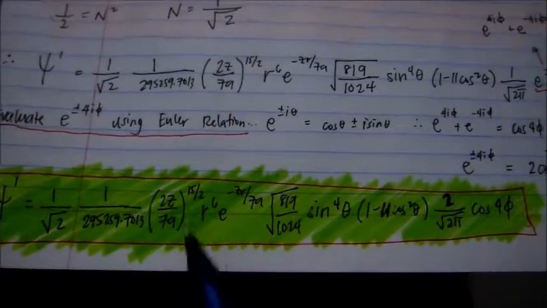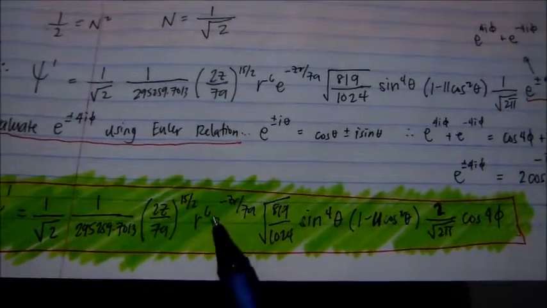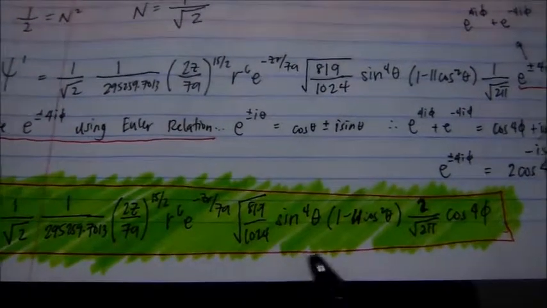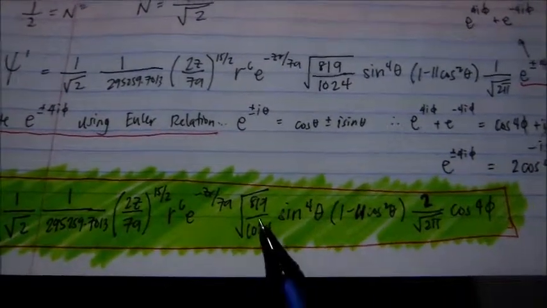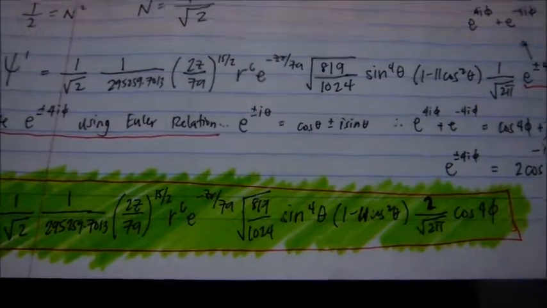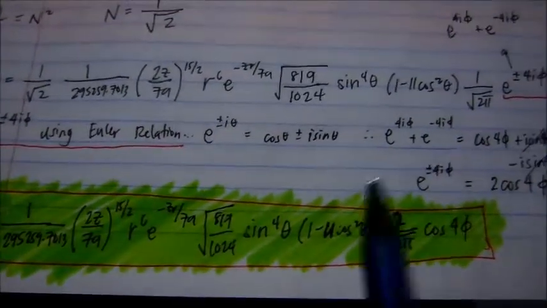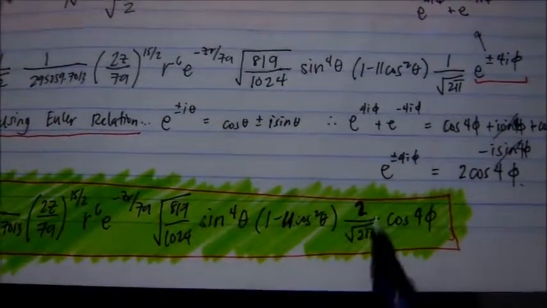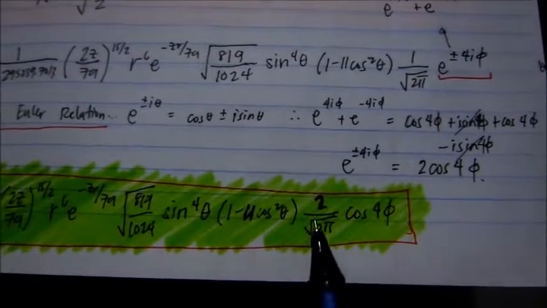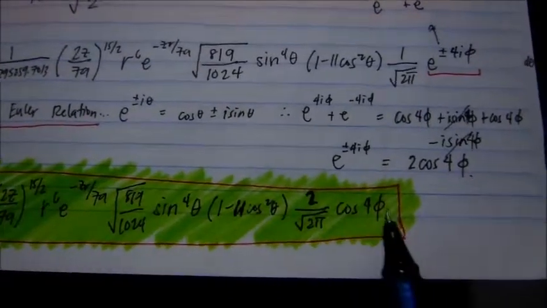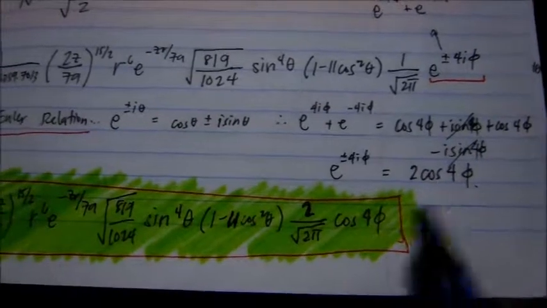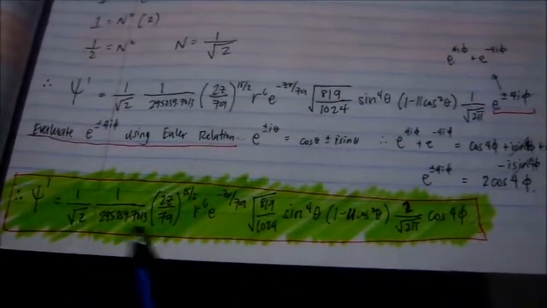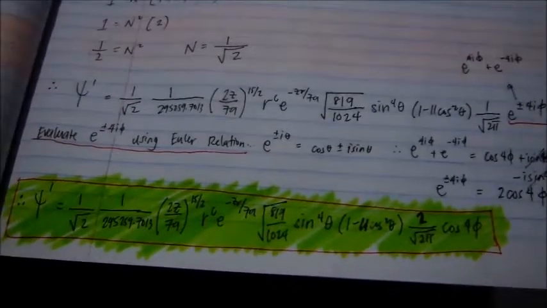Our theta function here is square root of 819 over 1024 sine to the 4 theta, quantity 1 minus 11 cosine squared theta. And this will be our phi function now, 2 over square root of 2 pi cosine 4 phi. Right? This is one of the orbitals in the 7i orbital.